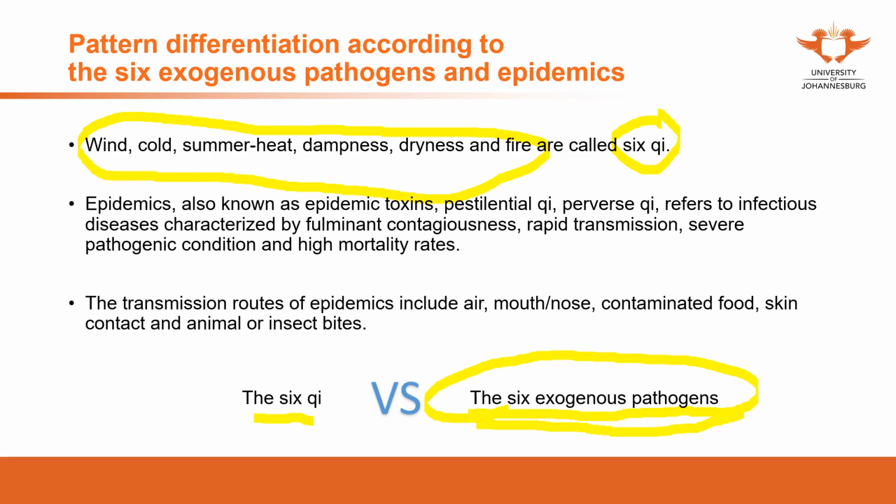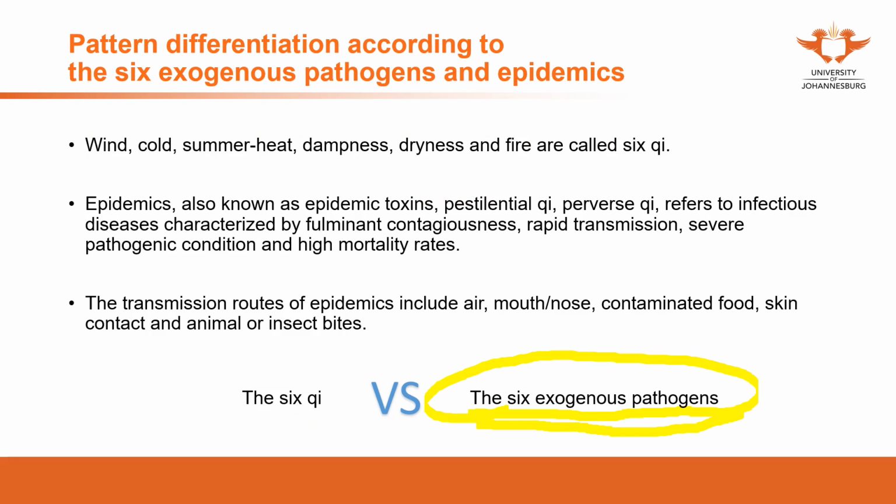If they cannot cause disease, they are normal in the environment. We call them the 6 qi. If these cause diseases in individuals, then we call them exogenous pathogens.